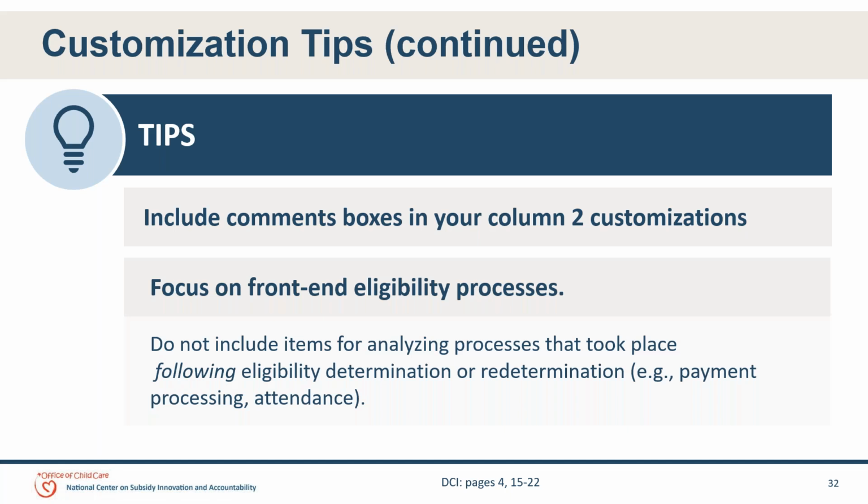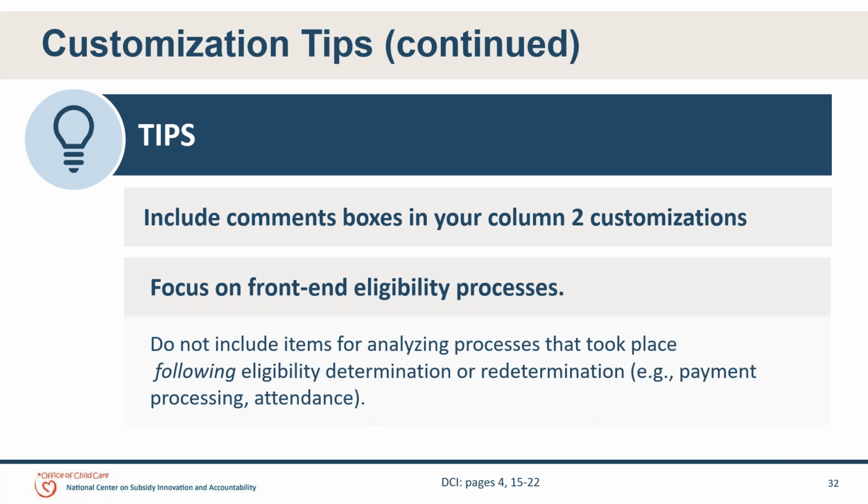And finally, your worksheet should only include items that involve what we call front-end eligibility processes. And what we mean by that is that for the scope of this review, we are interested in what happens during eligibility determination or redetermination, authorization, and any subsequent eligibility actions, so any change reports.